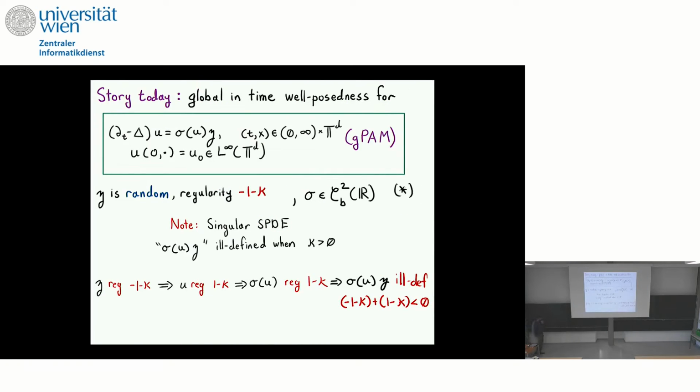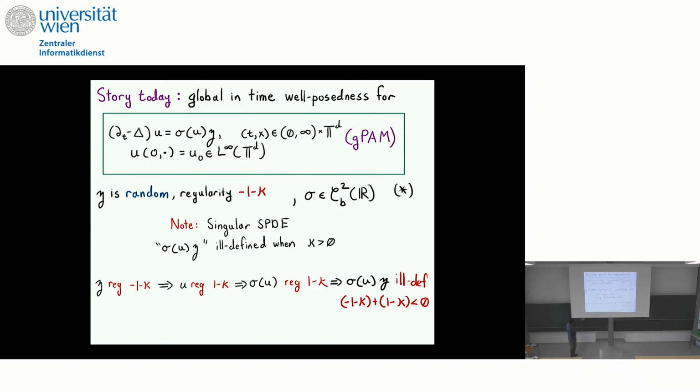Just as a review, I think we've seen power counting in some of the previous talks, but the idea is that if the noise has regularity -1 minus kappa, then the Schauder estimate tells you that at best the solution would be two degrees better, so regularity 1 minus kappa.